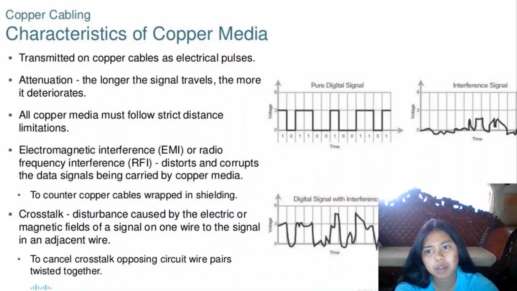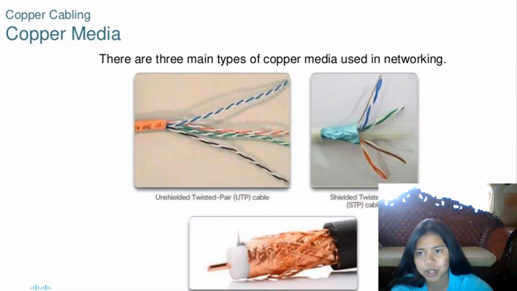Characteristics of copper media: attenuation. All copper media must follow strict distance limitations. Electromagnetic interference (EMI), and radio frequency interference (RFI) or crosstalk.